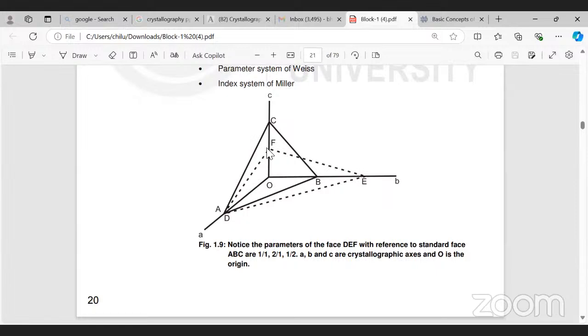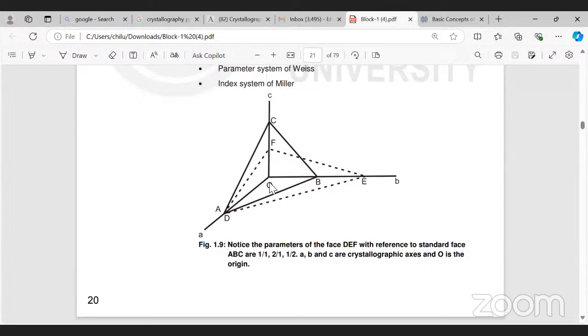You see AF, CE, BD, these lines are a reference to the original one. D, E, F form a triangle, similar to the capital A, B, C.